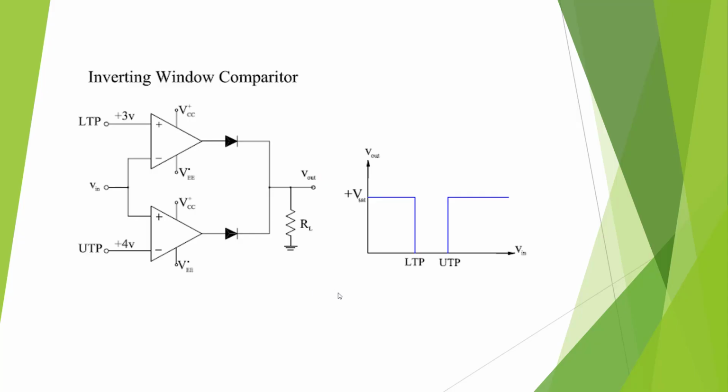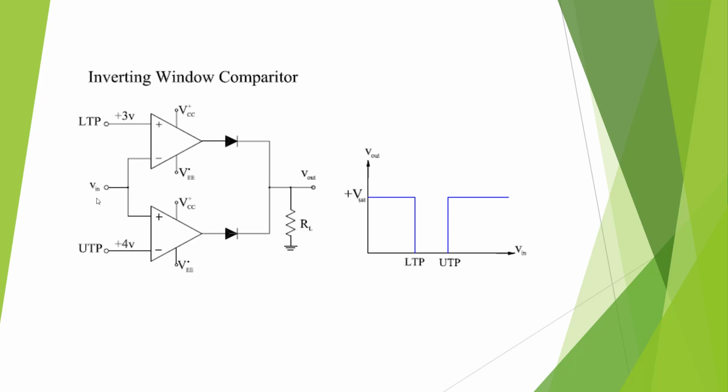Here we have two comparators put together as an inverting window comparator. So what we're looking for is an upper and lower trip point. And the best way to test this is to go in between the two. So we have an upper limit of 4, lower limit of 3, so let's try 3.5.